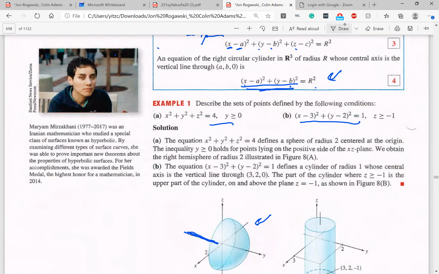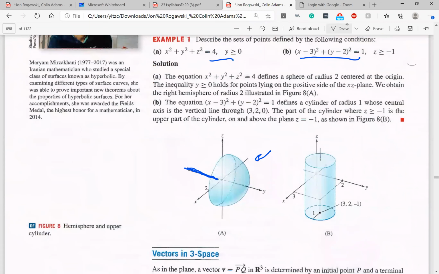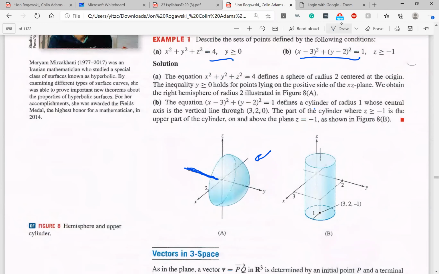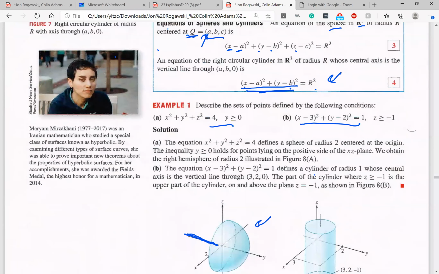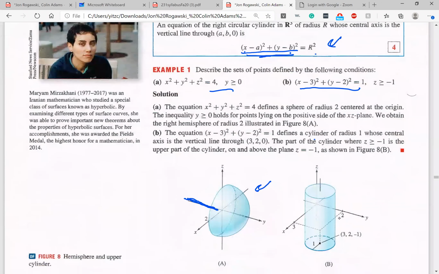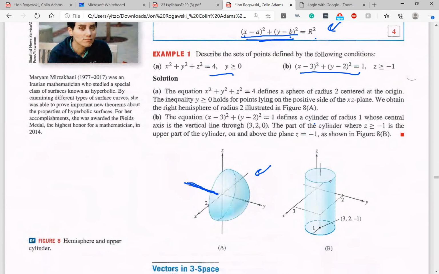So you're going to start the cylinder where z is bigger or equal to negative 1. I guess that's what they're doing over here. The fact that this is centered at 3, 2, that makes sense. And then it will start from negative 1 and go to infinity. Fine.